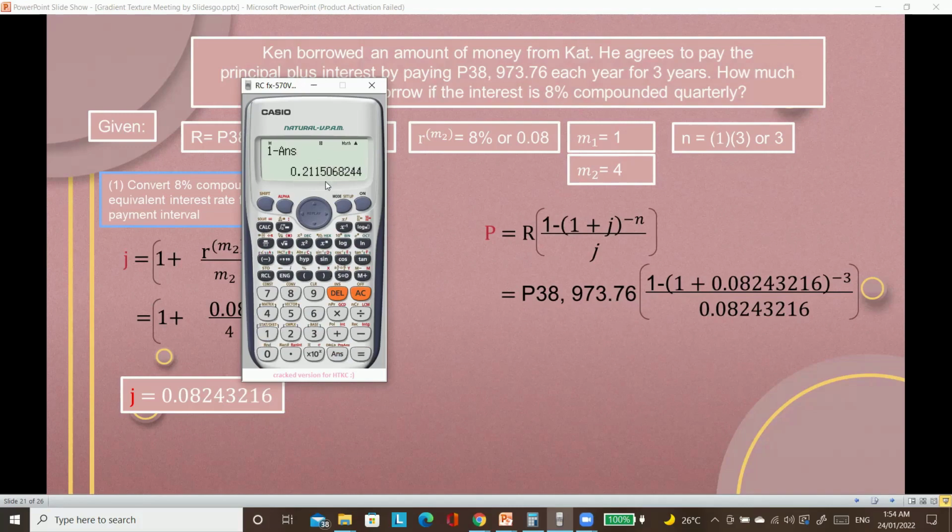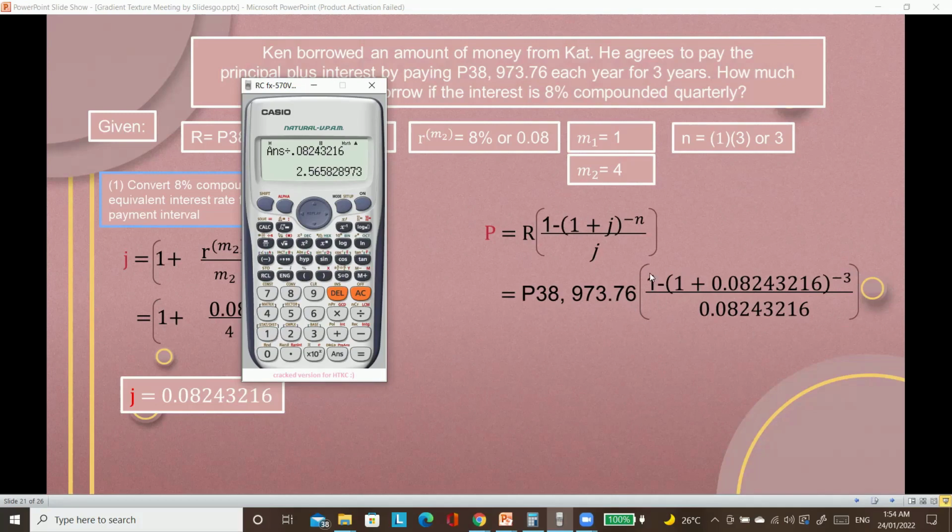Yan ang ating magiging panibagong numerator. So, i-divide naman natin siya sa ating j sa denominator. Divided by 0.0824 3216. So, yan ang ating panibagong sagot sa loob ng parentheses.